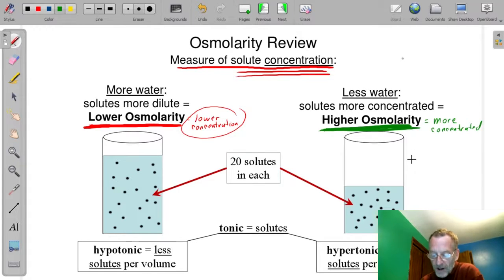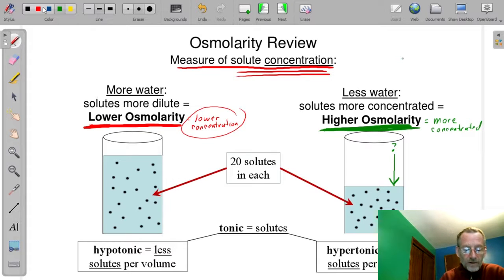So, any thoughts on what could cause your blood to gain in osmolarity? What could be happening? What about if we had blood loss, hemorrhaging? Would that, just by itself, change the osmolarity? Like we lost a liter of blood, a significant amount.